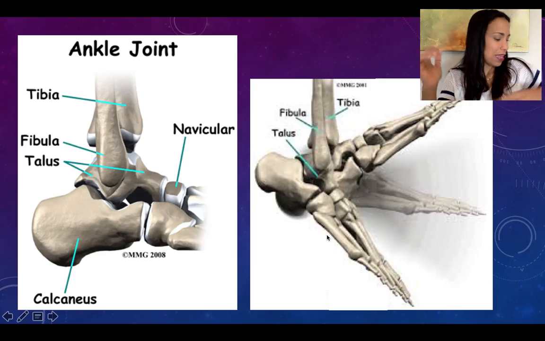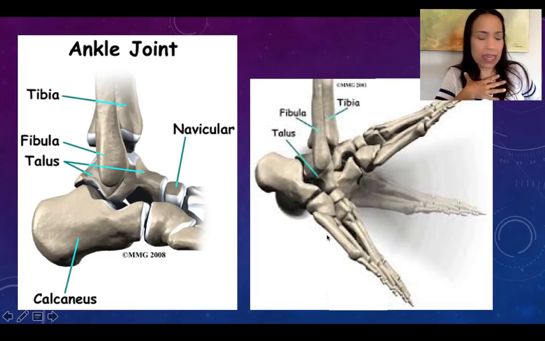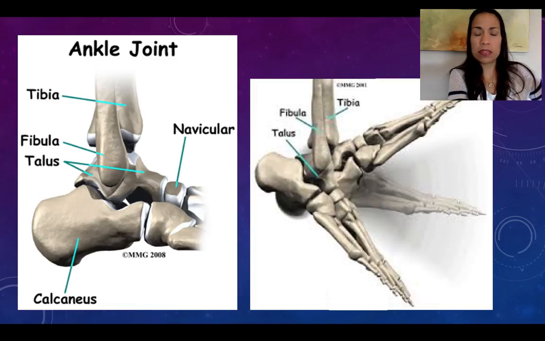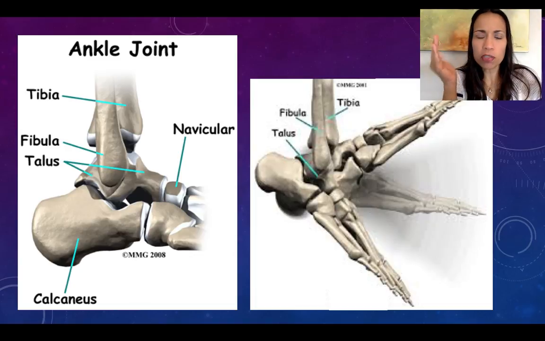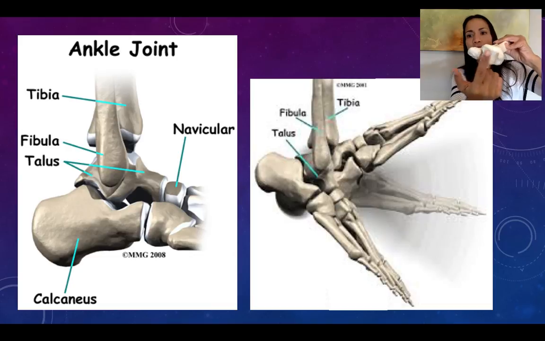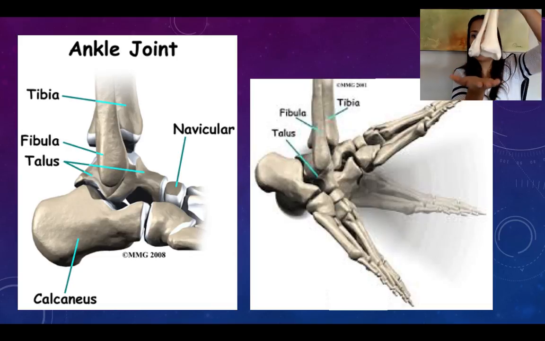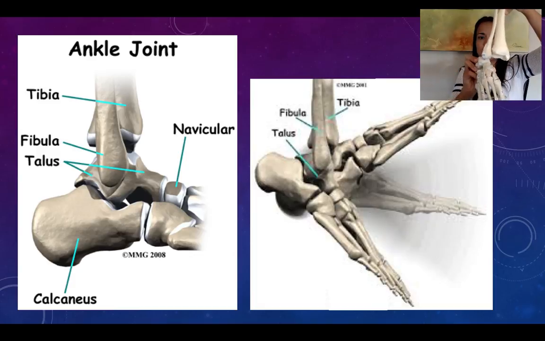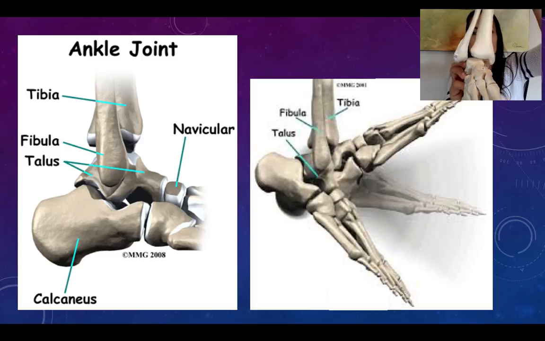the joints. The joints that we can describe in here are, first of all, the talocrural joint, which is the joint between talo for talus and crural for the bones of your leg. So we're going to articulate the inferior side of the tibia and fibula with the talus, and it forms the ankle joint.